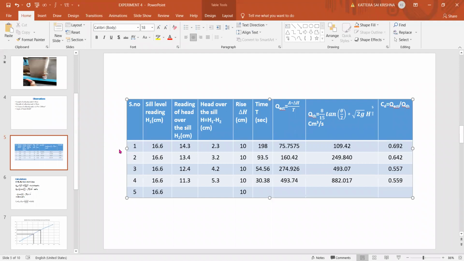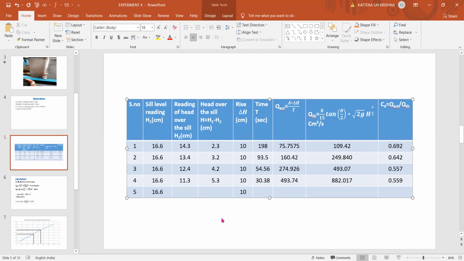Just hold on a second. Okay. For the last reading, same concept, we need to regulate the valve.